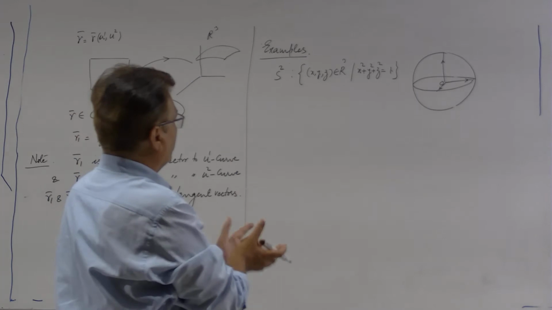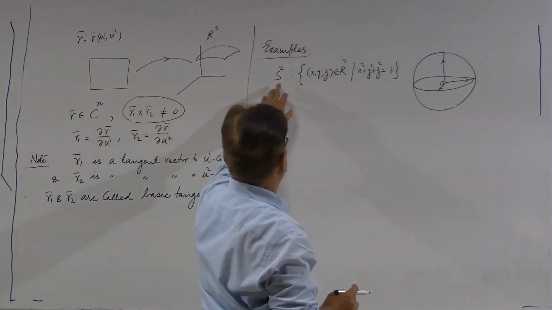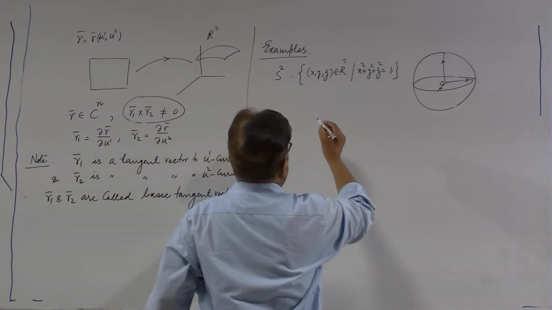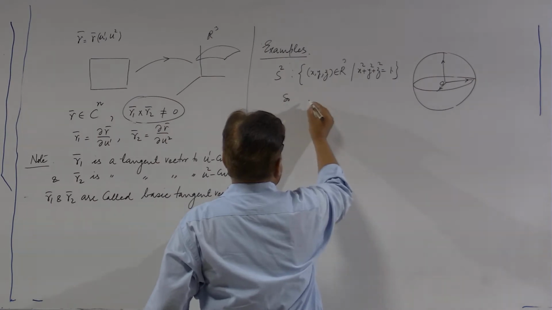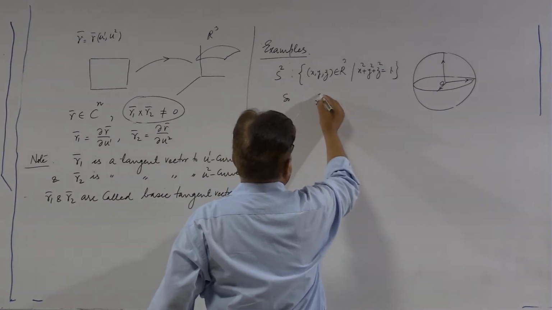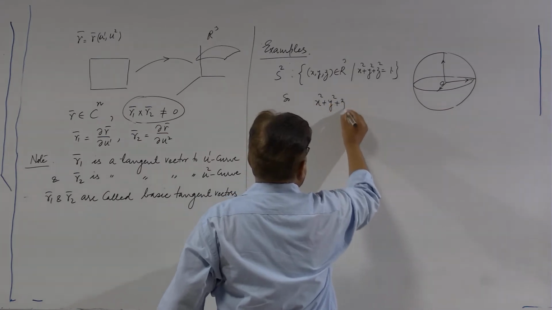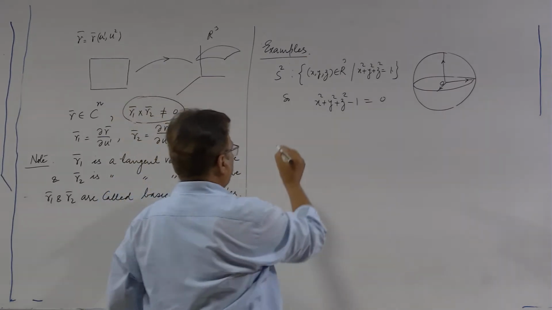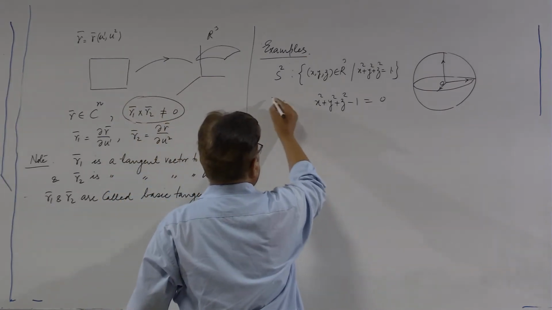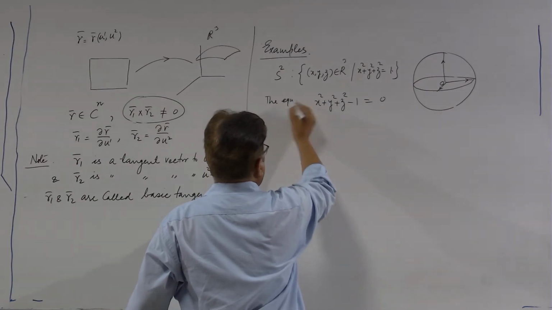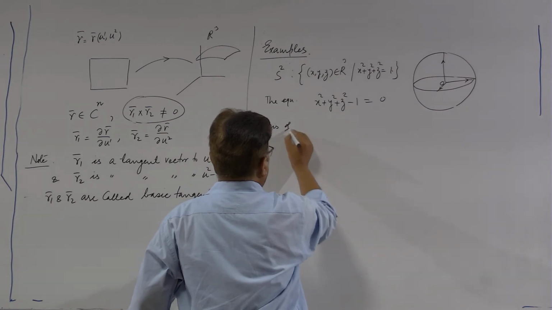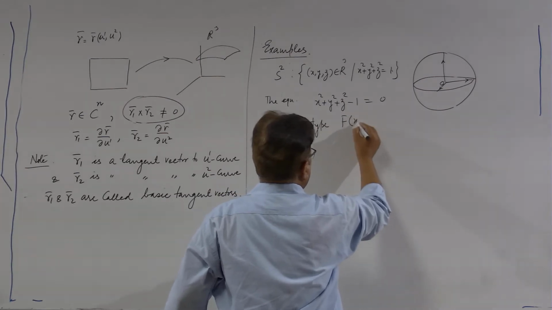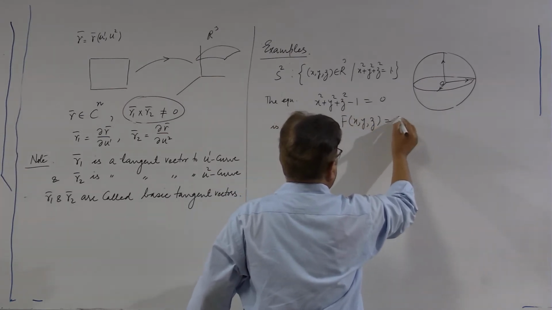So, it is a football-like shape that is known as a 2-sphere, or simply a sphere of dimension 2. Its equation, x square plus y square plus z square minus 1 equal to 0, is an equation of the type f(x, y, z) equal to 0.